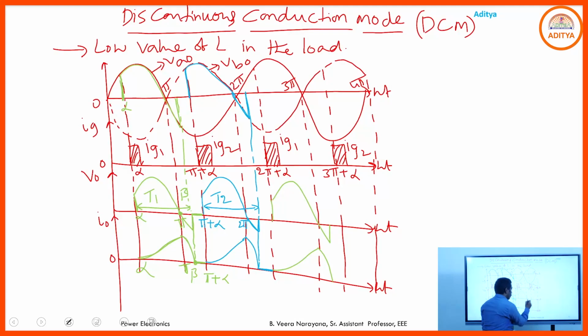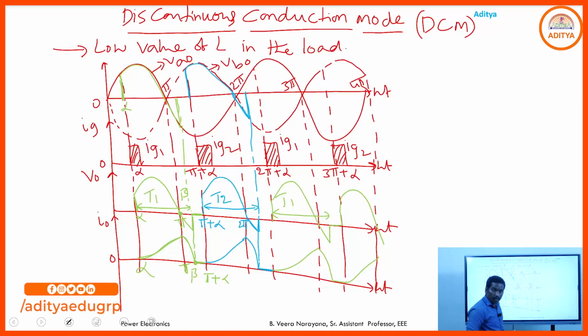Hence a small portion of the negative portion will be available across the load due to the conduction of T1, and again charging, and again you have the output voltage like VB naught due to the conduction of T2. So here this is the output voltage and output current waveform under discontinuous conduction mode.